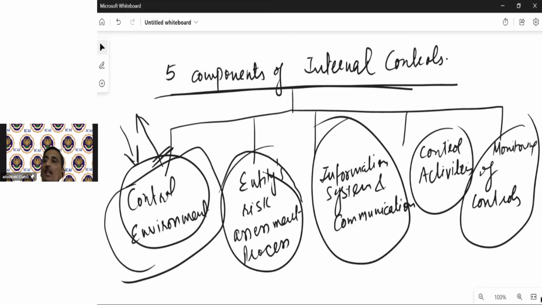So information system, guys, consists of hardware, physical assets, software, data, procedures and people. This is what an information system is all about.